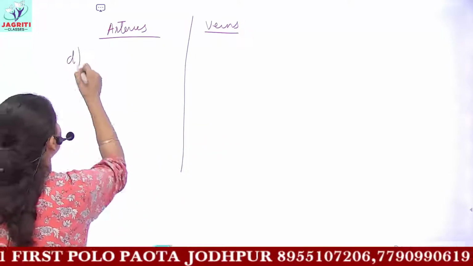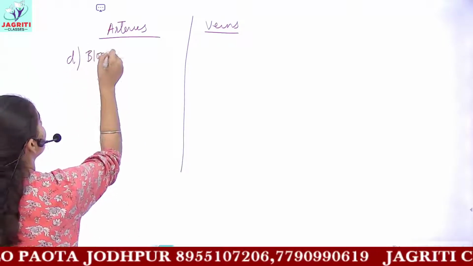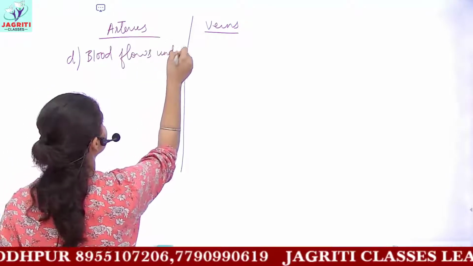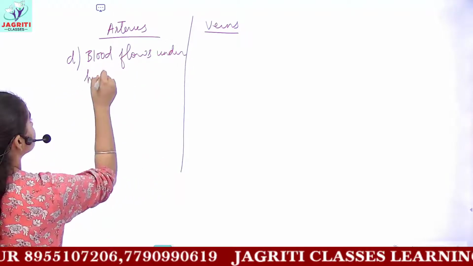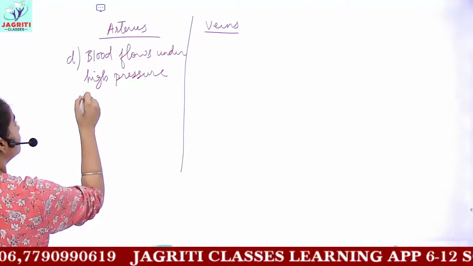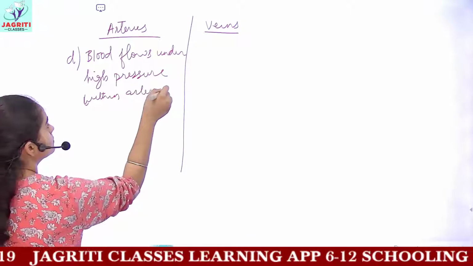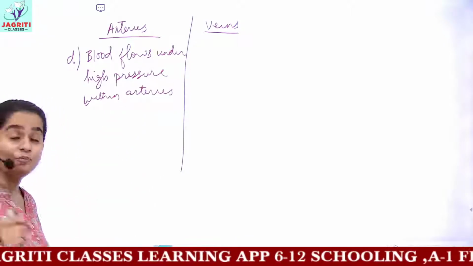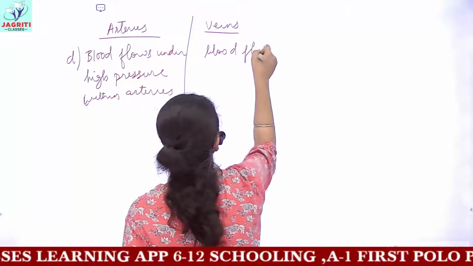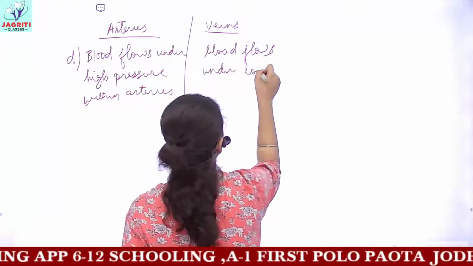The fourth point of difference: the blood flows under high pressure within the arteries. And talking about veins, in veins the blood flows under very low pressure.